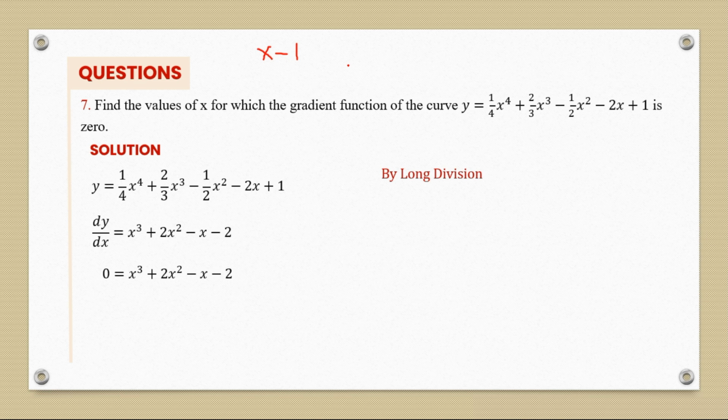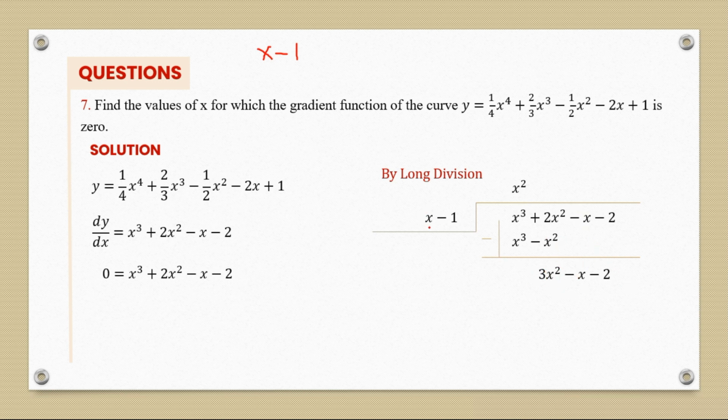So now in long division, I'm going to have x cubed plus 2x squared minus x minus 2 dividing x minus 1. x cubed divided by x shall give me x squared. Multiply x squared here and I'll have x cubed minus x squared. When I subtract this, I'll have 2x squared minus negative x squared, which is 3x squared, minus x minus 2.